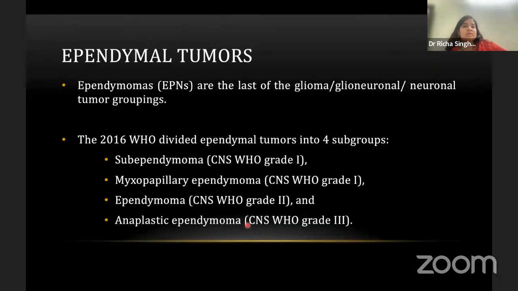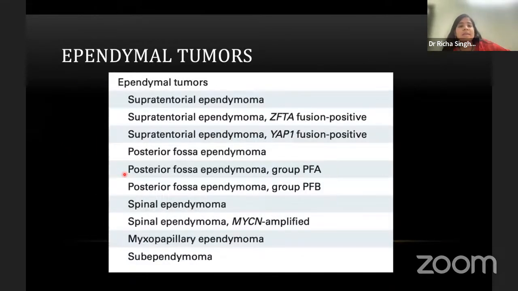Now coming on to the next group, that is ependymal tumors. In 2016, there were 4 groups: the subependymoma, myxopapillary ependymoma, ependymoma, and anaplastic ependymoma. But this type of division is nullified now, and in the recent classification, the ependymal tumors or the ependymomas are basically divided on the basis of their site.